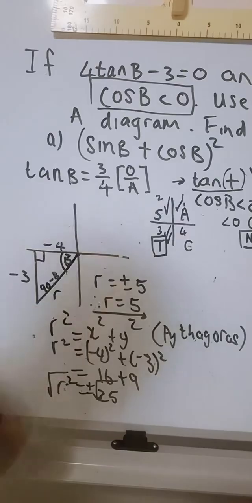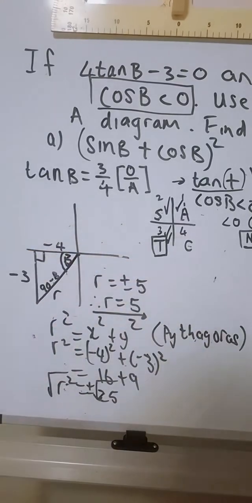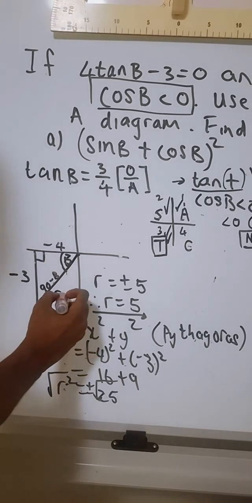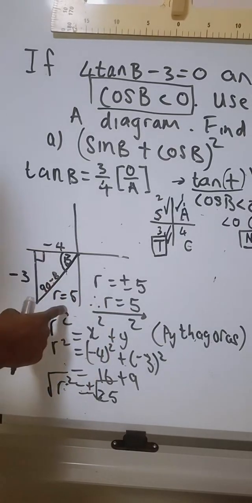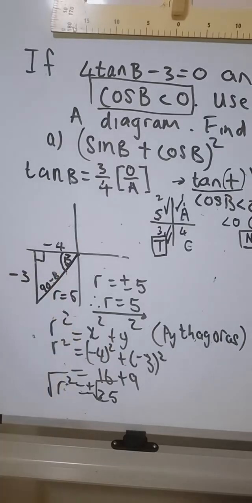If we're in this quadrant, the y is negative, the x is positive. So let's always remember that, my good people. Once we know those things, it makes life such a beautiful thing. All right, so r is 5. The diagram is complete. We have all sides and all angles.